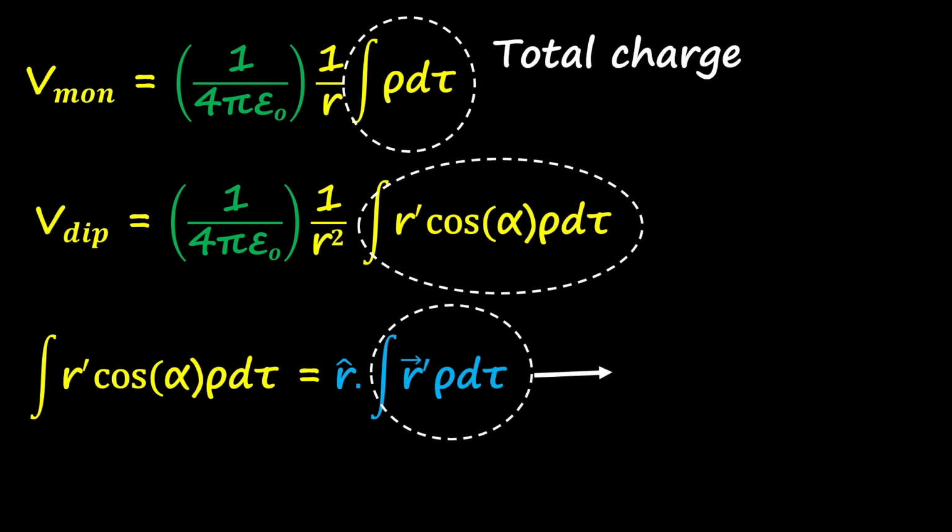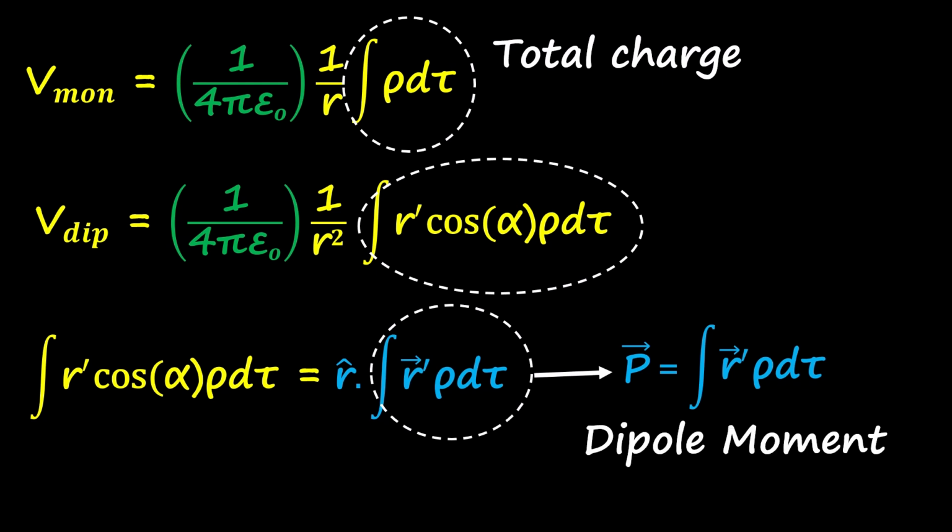Now this we represent by a p vector, and this p vector is what we call the dipole moment. Now this formula is derived from a continuous charge distribution. Suppose we have a discrete charge distribution, then we have to replace the integration by summation, and the formula will look like this.